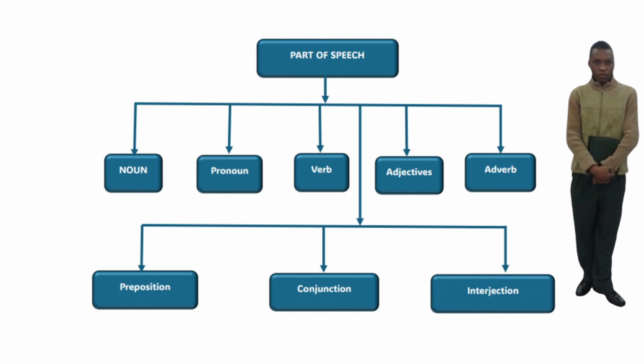Now you need to know this. You need to know the parts of speech. You need to know the noun. We have different types of noun. You need to know them. You need to know the pronoun. You need to know the verb, adjective, adverb, preposition, conjunction, interjection, right?